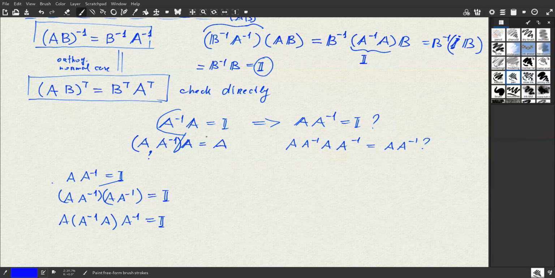We already know by our assumption that A minus 1 A is identity. By associativity, right? Sorry, we need A minus 1 A. Sorry, what was our assumption? We multiplied on the left, right?